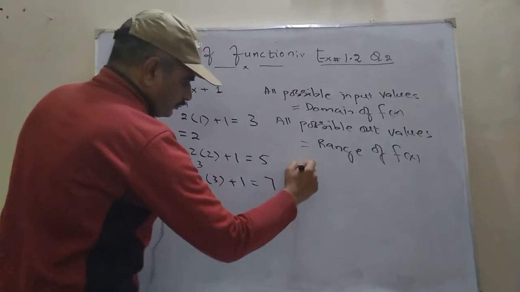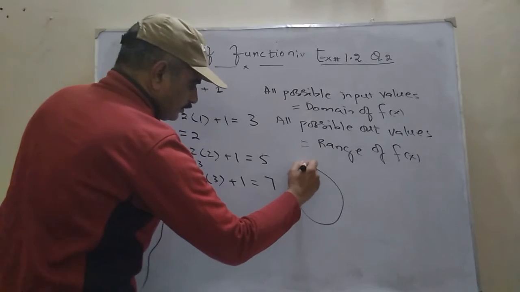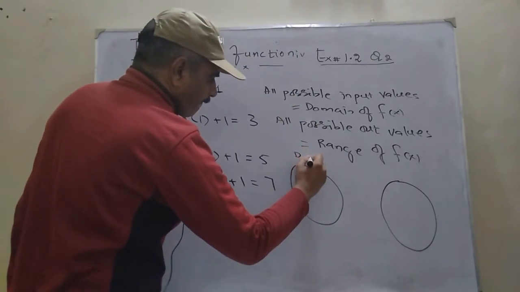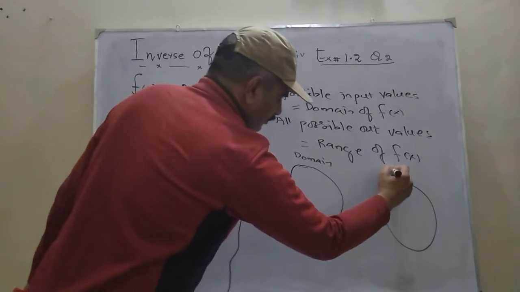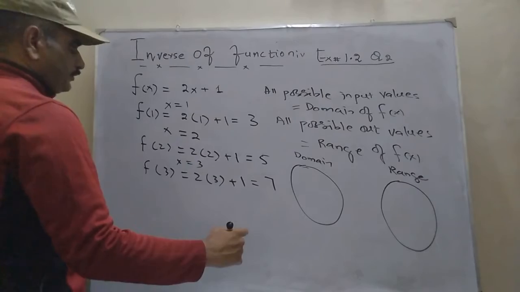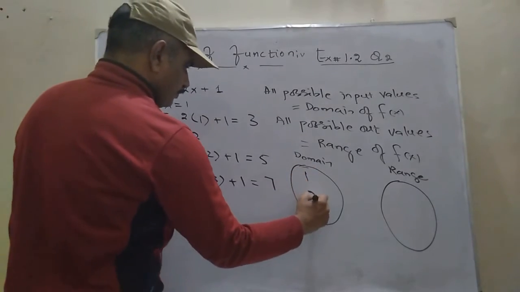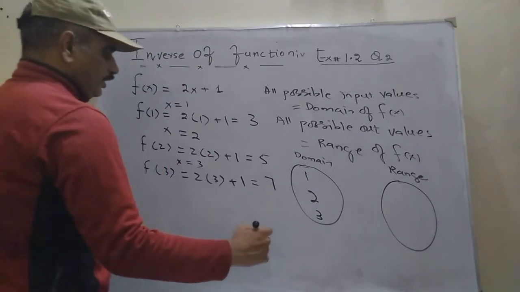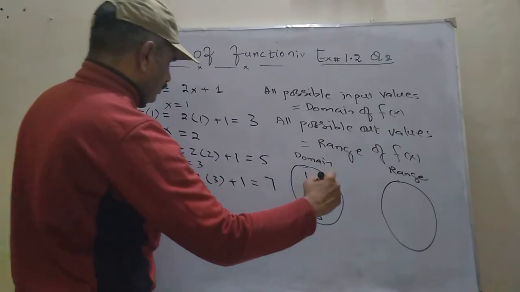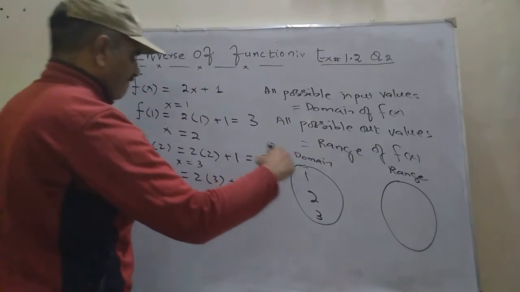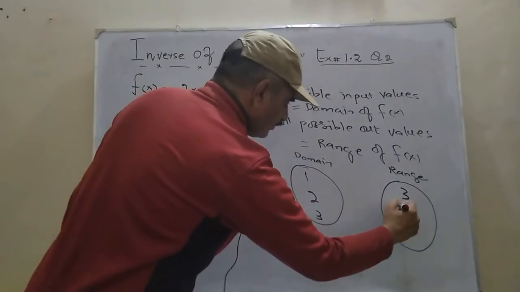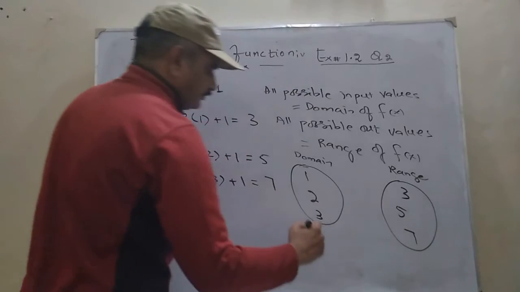If we draw two sets, domain and range, the domain values are 1, 2 and 3, and for these we have range or output values 3, 5 and 7.